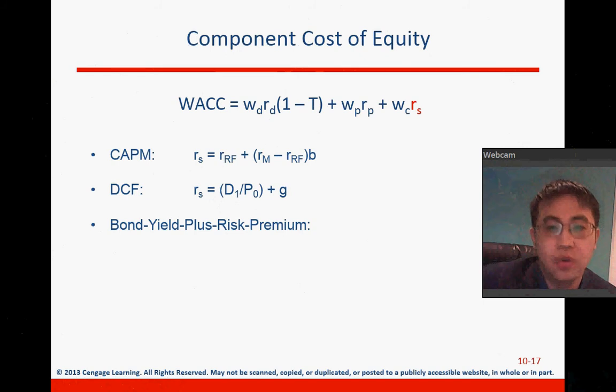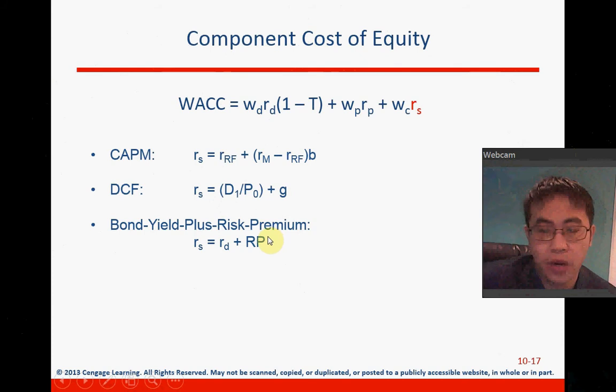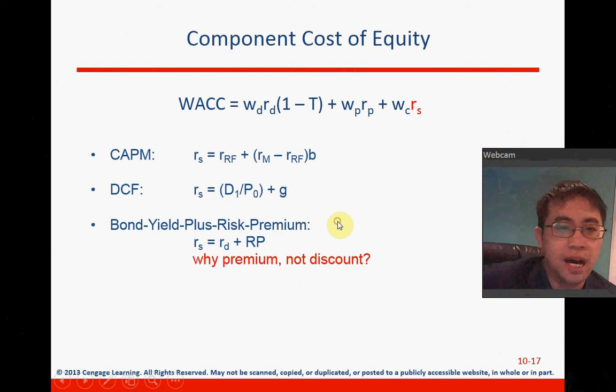So you need to add a premium to the bond yield, or to the bond return. Yield is return, by the way, to get the stock return. So we have already solved this r_d equals 10%. You can just add a premium that you feel appropriate. You can just add 4% there. So there are three methods to get cost of equity or return of a stock.